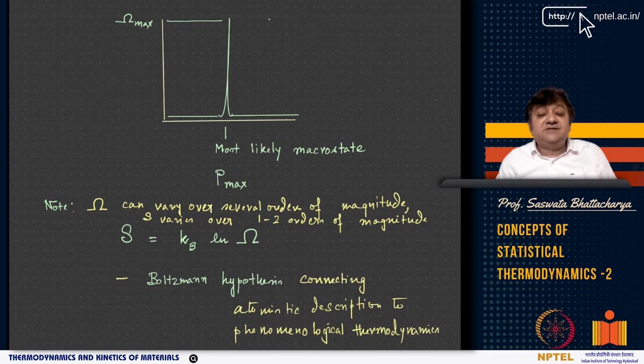Another important point that you should think about is that entropy is an extensive quantity, k_B ln omega, right? But here, remember k_B is Boltzmann's constant.